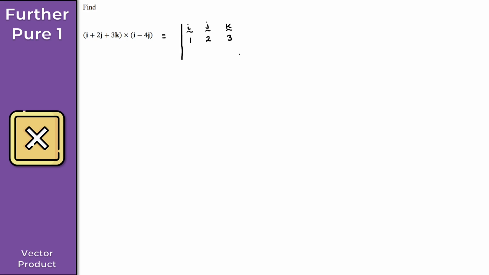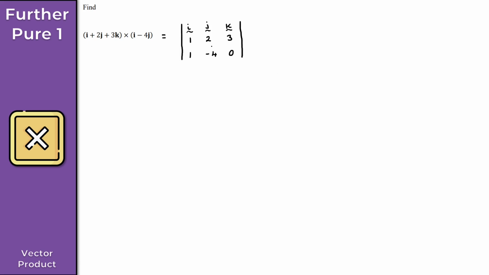And for the bottom row, I've got the coefficients for the second vector, so 1, minus 4, and 0. Don't forget the 0 for k. Okay, so what we need to do now is evaluate this 3 by 3 determinant.